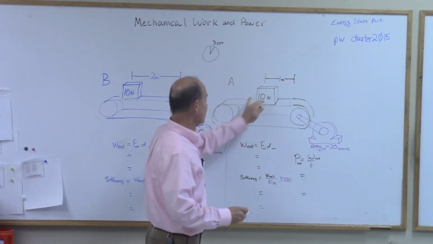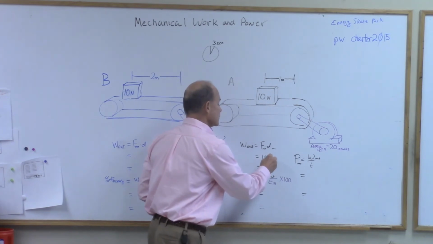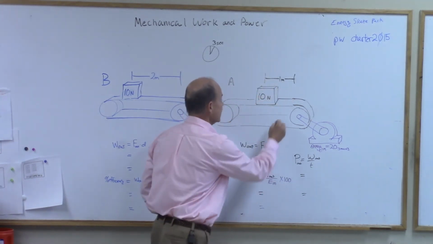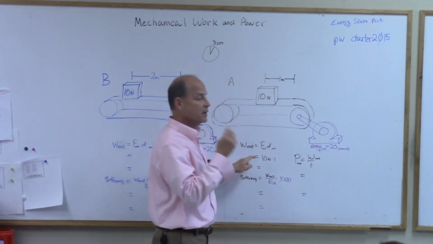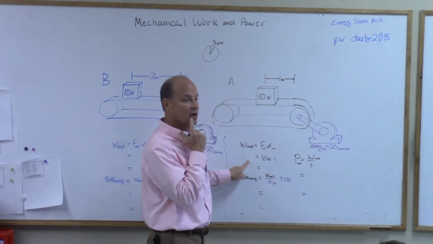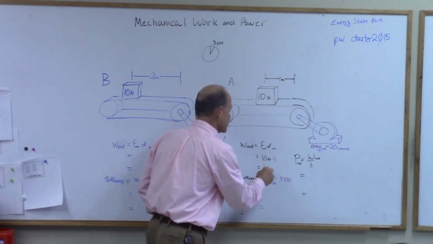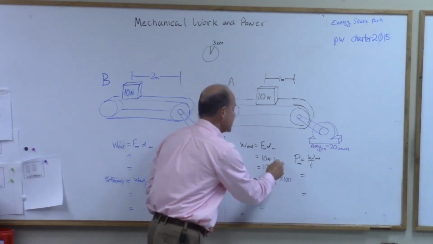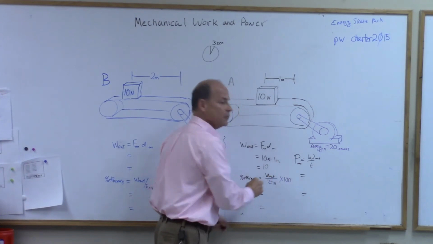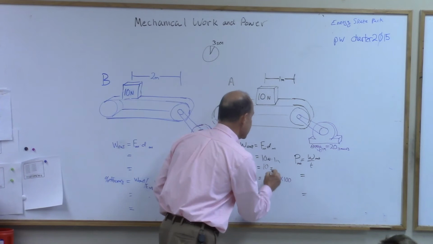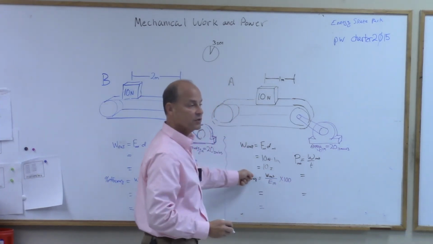The force that's being applied, we're given as 10 newtons, and the distance that the object is moved is 1 meter. So multiplying 10 times 1 equals 10. A newton times a meter is a newton meter, but that's also known as a joule. So we are getting 10 joules of work out of this machine.